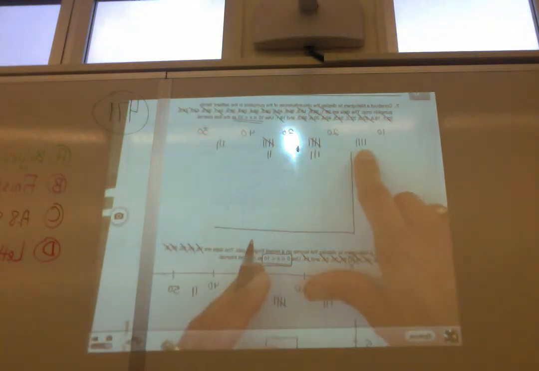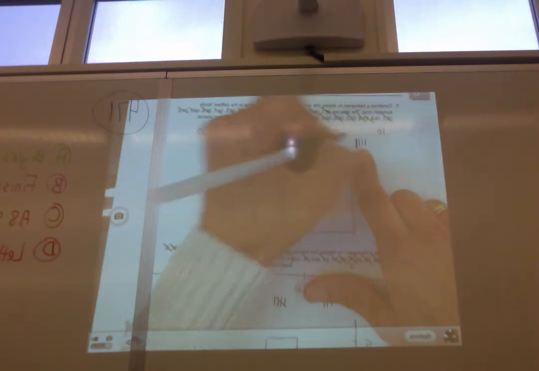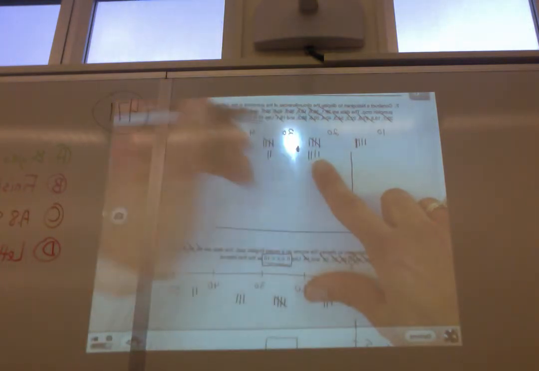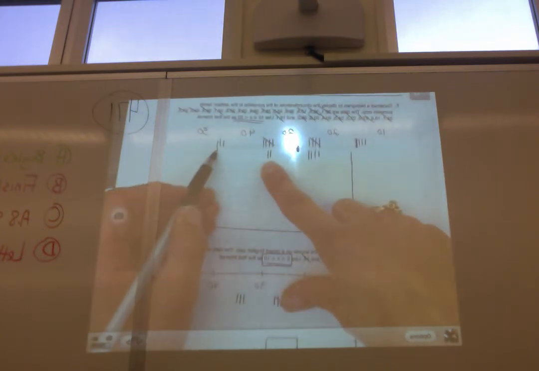Hey, how many did you guys get between 10 and 20? Okay, I got lost at one point and couldn't remember if I put it in the right spot. How many did you get between 20 and 30? Oh man, I messed up all over the place. How about between 30 and 40? 7. Okay, good. And 40 and 50?